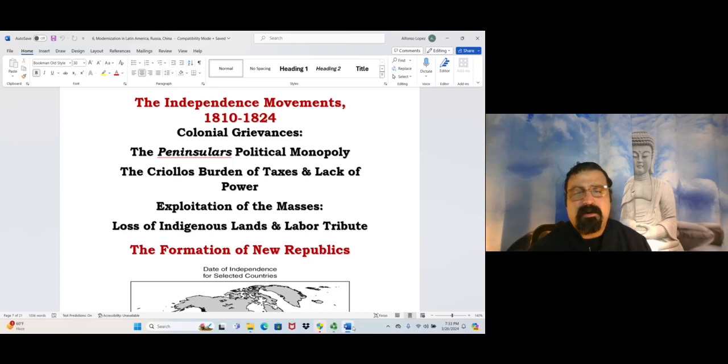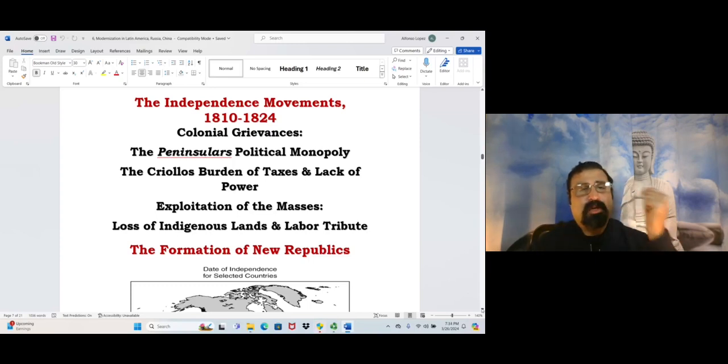In Spanish America, the mercantile hacienda was more like a plantation. Because they're dispossessed of their lands, they have no other option but to work for the new landowner, providing tribute for that individual. So they are also bearing the burden of the new colonial policy set up by the Bourbons, and this is going to ignite the process of independence.